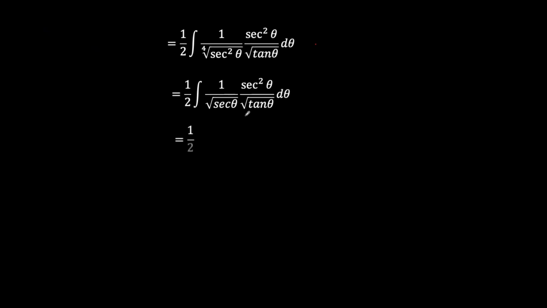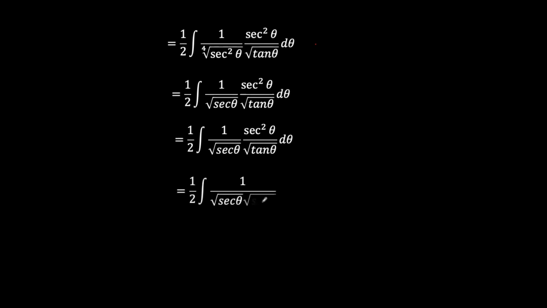And so tan theta can be expressed as sine theta over cosine theta, which means the square root of tan theta is the same as the square root of sine theta times the square root of sec theta. So therefore, since we have square root sec theta times square root sec theta, that is the same as sec theta.